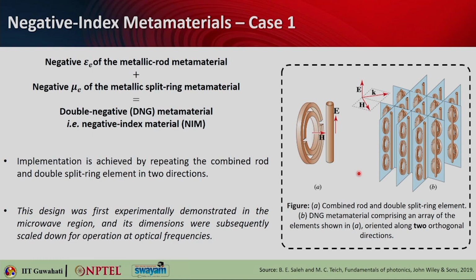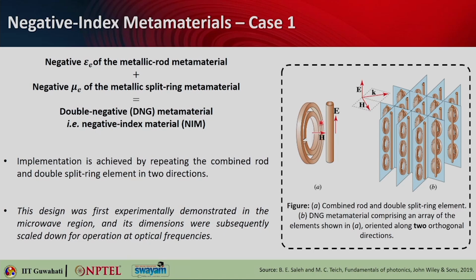Because here the challenge is that you have to get negative permittivity and negative permeability, both should be negative over the same frequency range, and that might not be possible with just one split ring.